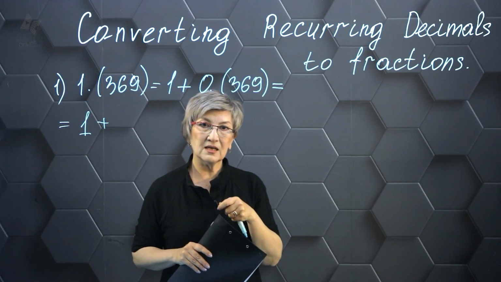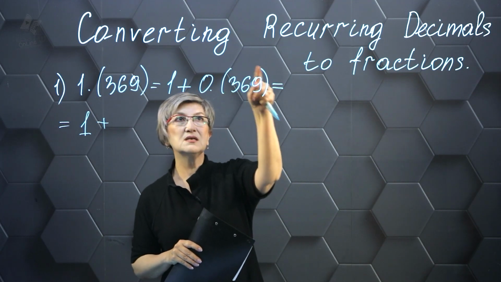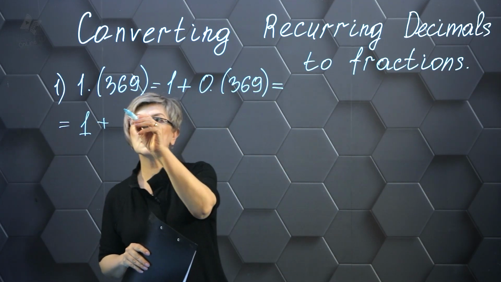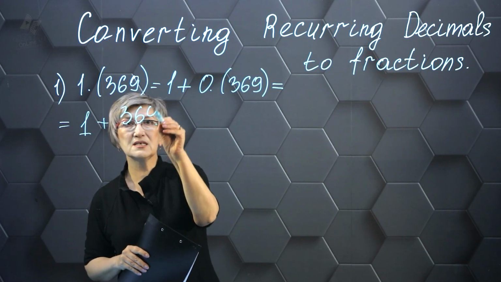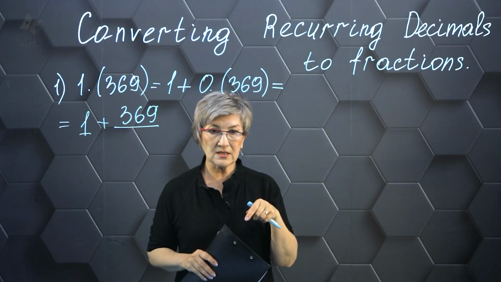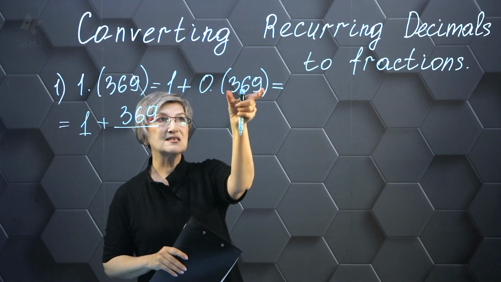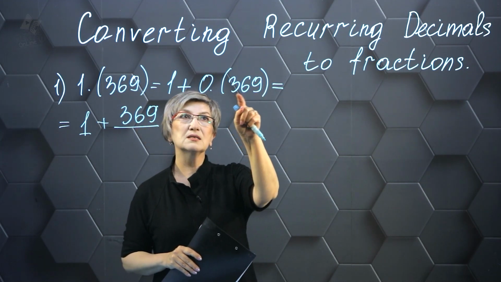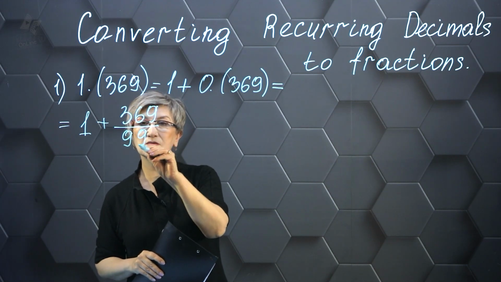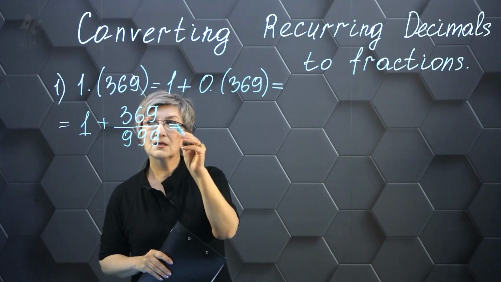This allows us to convert this entry to a fractional number immediately. I write down 369 as the numerator, and the denominator has as many nines as there are digits in the period. There are 3 digits in the period.